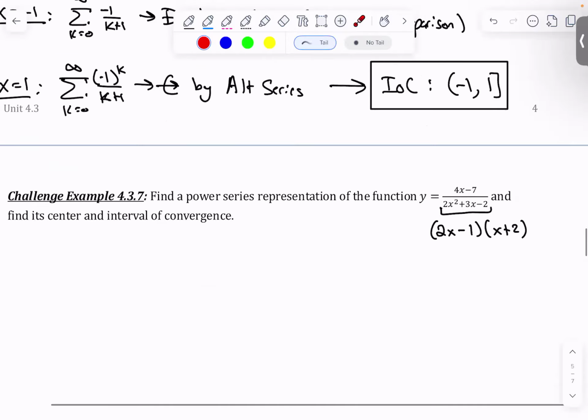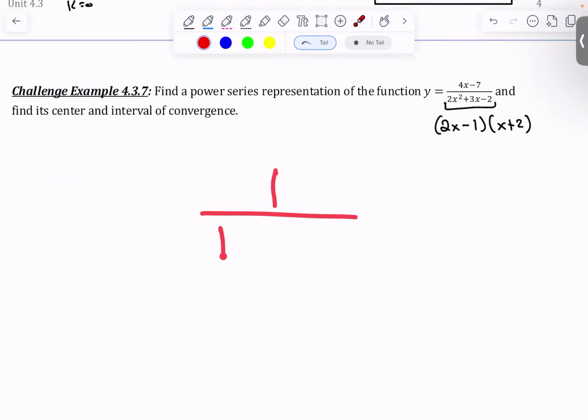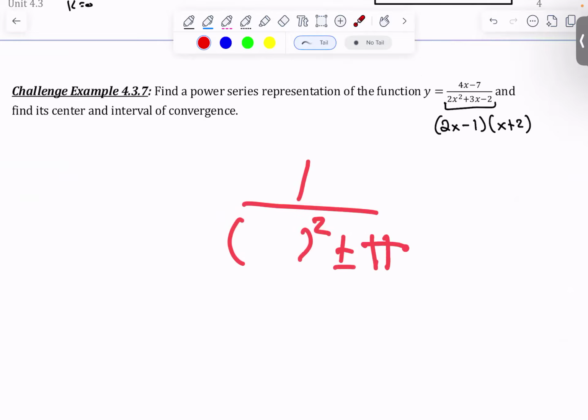The problem is what you'll get is 1 over something squared plus or minus a number. And so we're going to have to do a lot of manipulation, but I guarantee you whatever's on the inside here is not going to equal 4x minus 7.